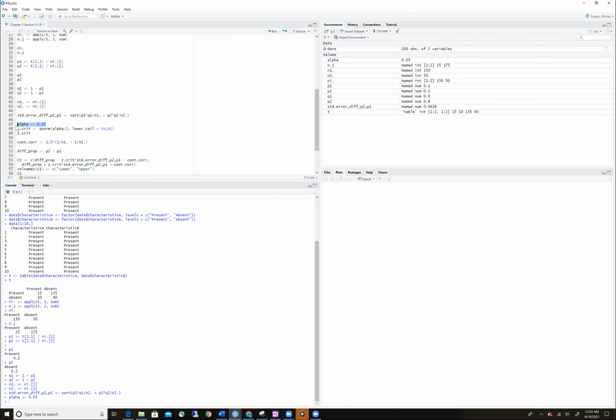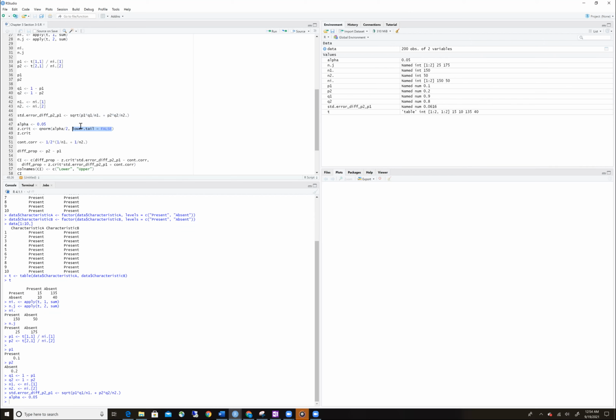When we want to give R the alpha level, or the area under the curve, we can ask it, what is the Z value associated with that area? Since we're going to be doing a confidence interval, we're going to have alpha over 2 in each tail. Setting lower.tail equals false says, I'm giving you the area in the upper tail.